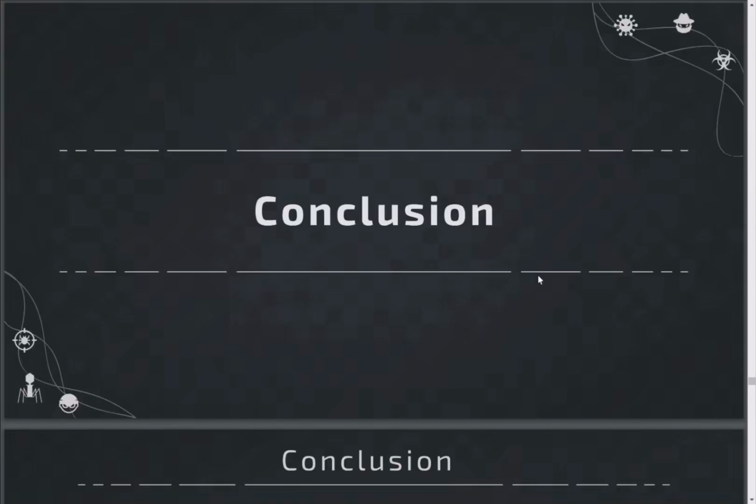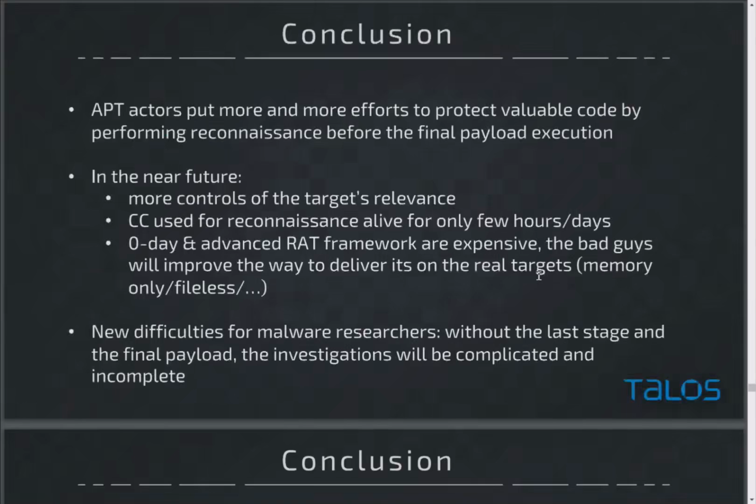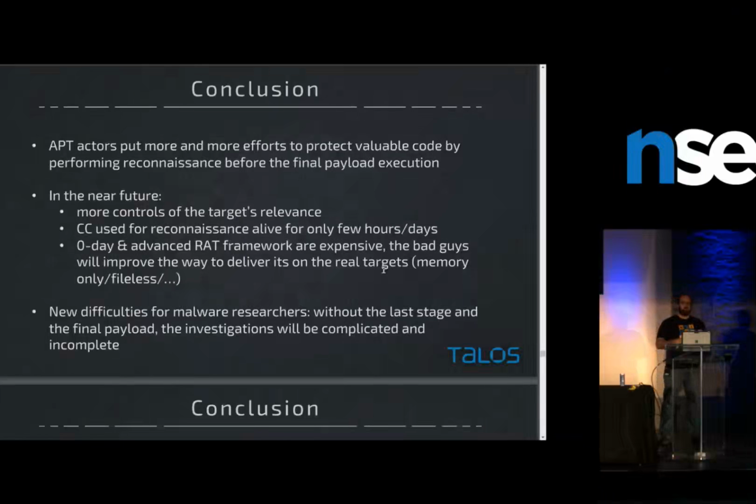So the conclusion for me is that the actor might put a lot of effort into protecting the valuable code, and something interesting is that generally, if the actors already compromised your company, they know your network better than you. They know your IP range. They know your domain. They know the pattern of your usernames. They know the pattern of the host names.